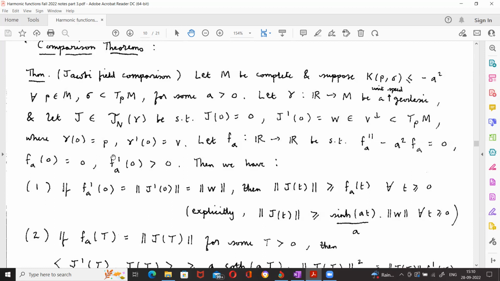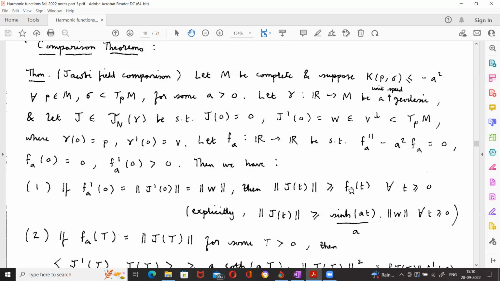This f_a'(0) equal to norm J'(0) is norm W. Then norm J(t) is greater than or equal to f_a(t) for all t. Is this clear? So an upper curvature bound implies that the Jacobi field grows at least as fast as the Jacobi field in the space of constant curvature minus a squared.